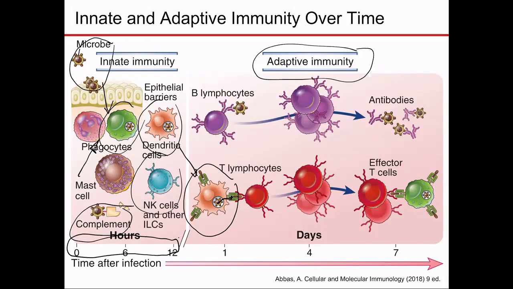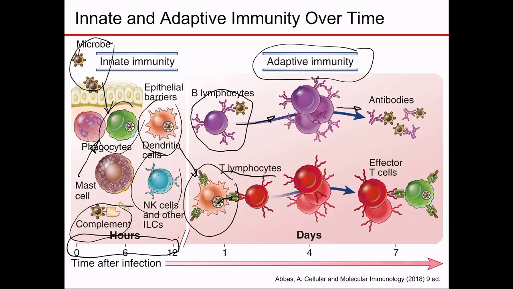In this case, it's showing that antigen presentation to T lymphocytes. Also, B lymphocytes may start to recognize the presence of that microbe, and then those clones of B cells that have the receptor for that particular microbe will start to get activated, they will differentiate, proliferate, and at some point they will start to produce antibodies.